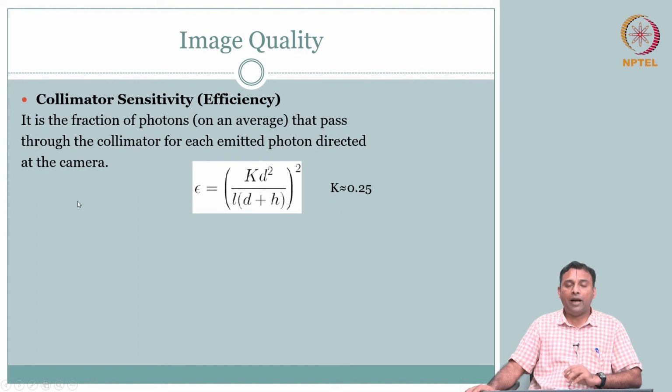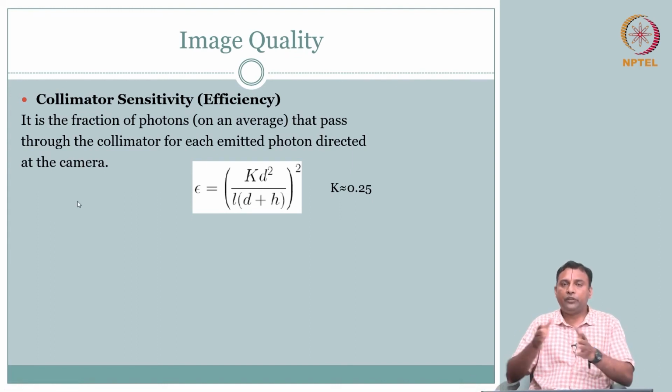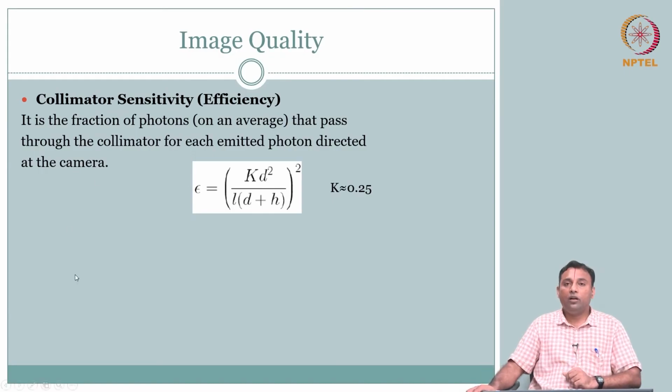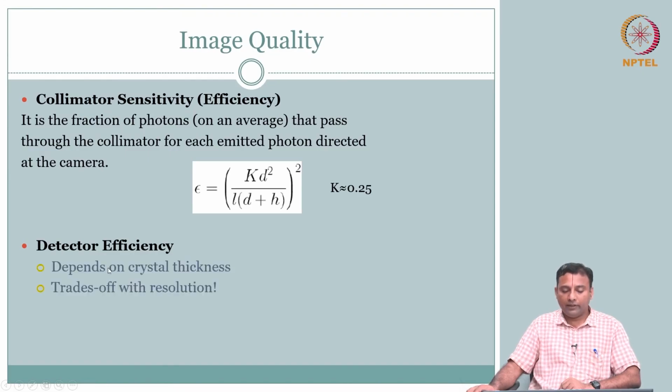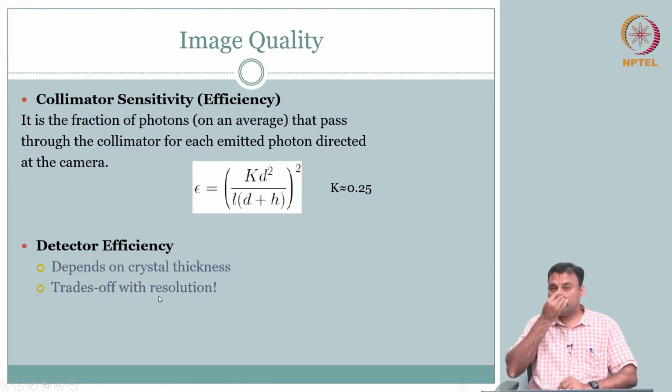If you are going to use a high energy gamma for a particular study, then you need to change your scintillation crystal. So, your camera detector side has to be changed in tune with what you are going to do. Okay. So, detector efficiency in some sense is going to be dependent on all the factors that we have talked about.